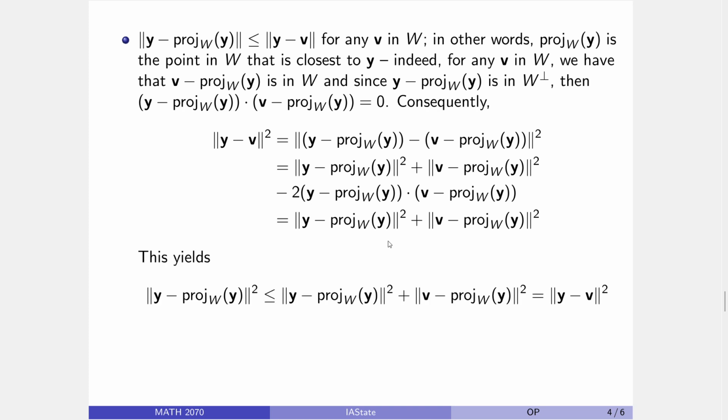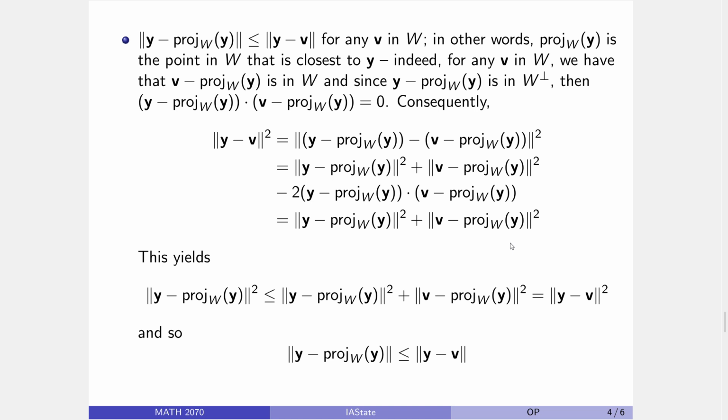All right, and now that we know that this quantity always has to be less than or equal to the sum, because this is a non-negative thing, and we know that's equal to this, and thus square rooting both sides gets us that indeed the distance from y to its projection onto W is always less than or equal to the distance of y to any element of W. So we have indeed the point closest in the subspace to y, and furthermore, this gives us the actual distance between y and the subspace, right? Because y minus any element of the subspace is always less than or equal to this, so that's how far away you have to be.